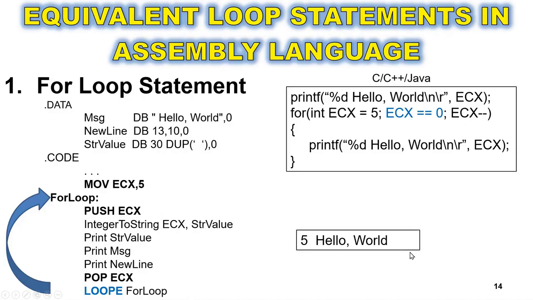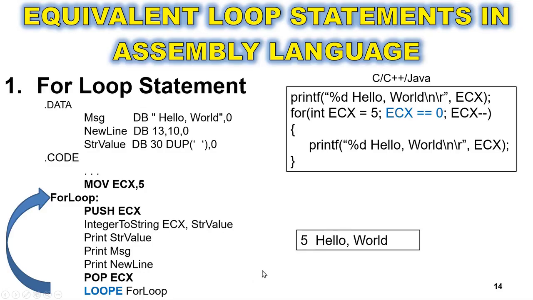This new example demonstrates the usage of the assembly language machine instruction loop E, or loop Z, which repeats if the present value of ECX equals 0.